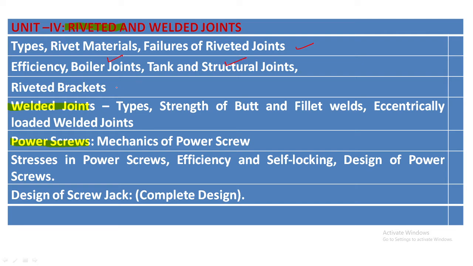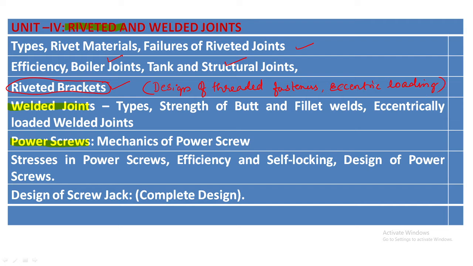Then you need to design the riveted brackets. Especially this chapter, design of riveted brackets, is similar to the design of threaded fasteners when they are subjected to eccentric loading.